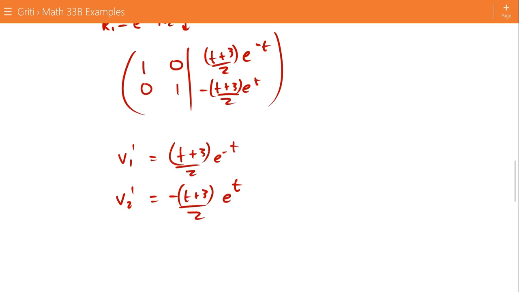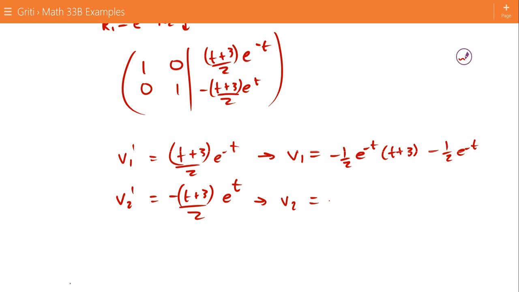So now if we integrate these, we have to use integration by parts, which I will leave up to you, but v1 will equal negative 1/2 e to the negative t times t plus 3 minus 1/2 e to the negative t, and v2 will equal negative 1/2 e to the t times t plus 3 plus 1/2 e to the t.